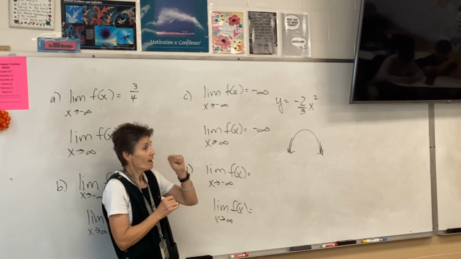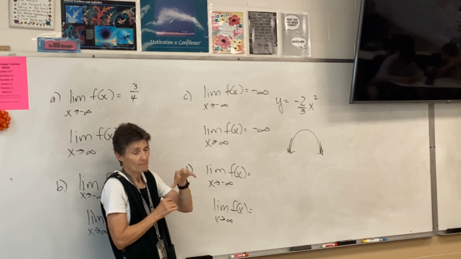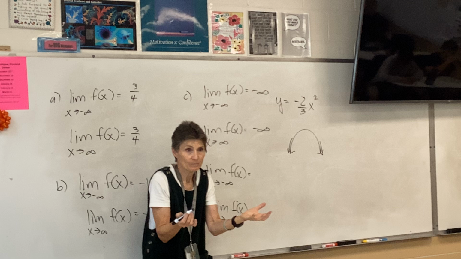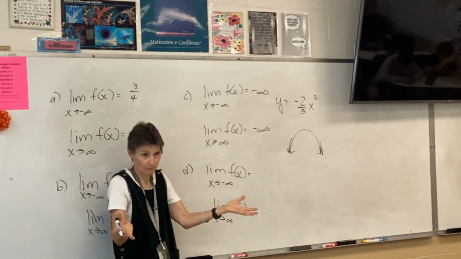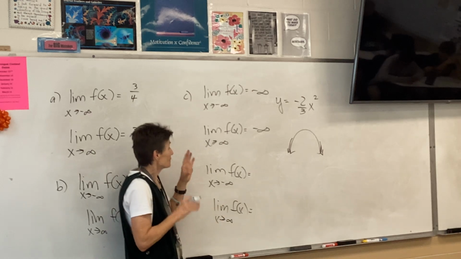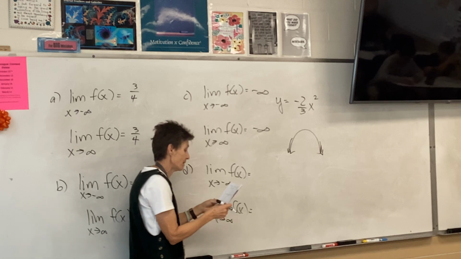If you have a non-horizontal end behavior asymptote, the curve's gonna act just like that asymptote. So if the asymptote's down, down, the curve's gonna be down, down. Now, there'll be a whole bunch of other stuff in the middle of it for sure, but that's gonna be the end behavior.